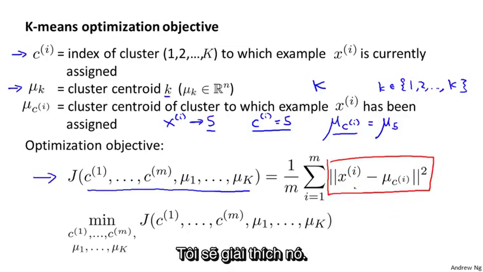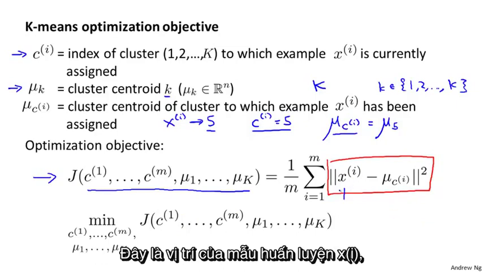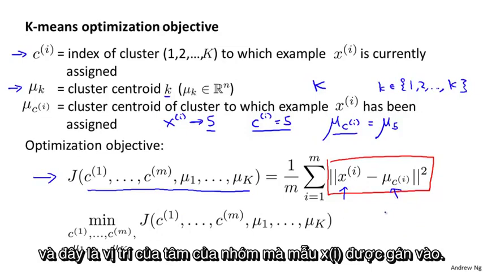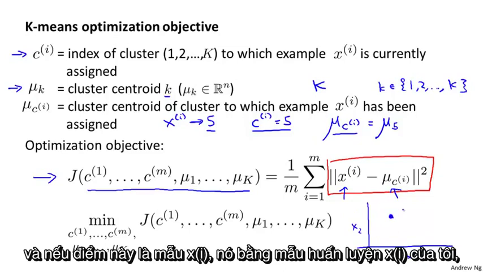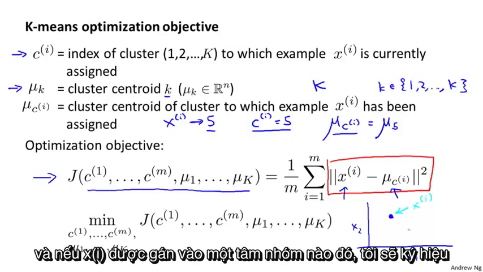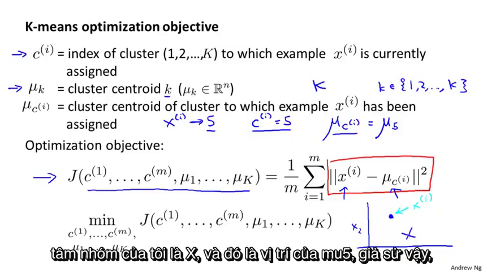So let me just explain this, right? So here's the location of training example x i, and here's the location of the cluster centroid to which example x i has been assigned. So to explain this in pictures, if here's x 1, x 2, and if a point here is my example x i, and if x i has been assigned to some cluster centroid, I'm going to denote my cluster centroid with a cross.